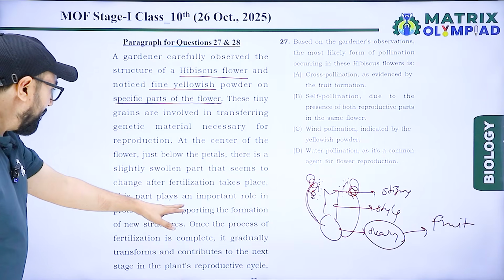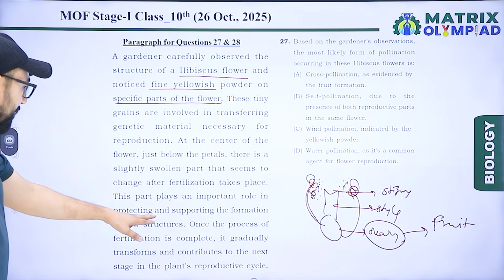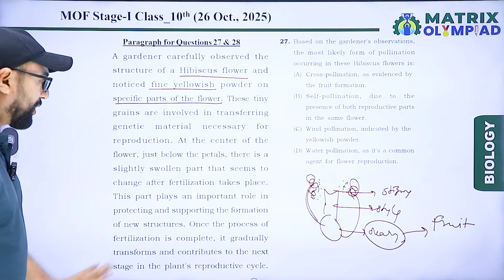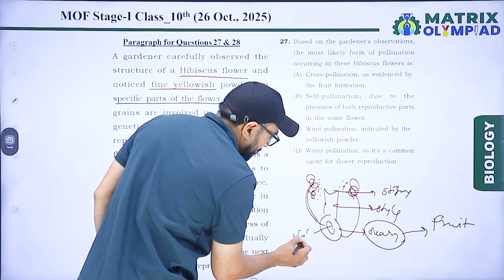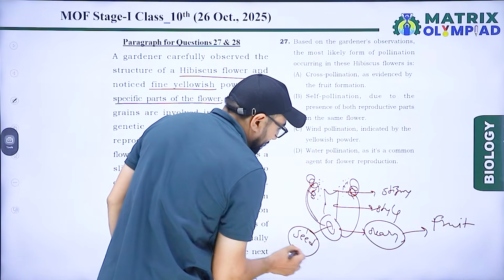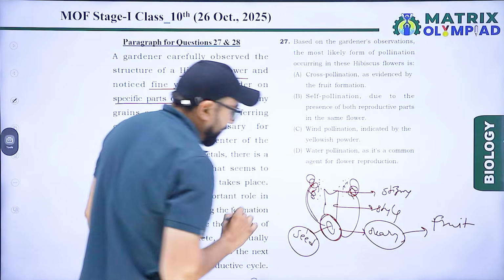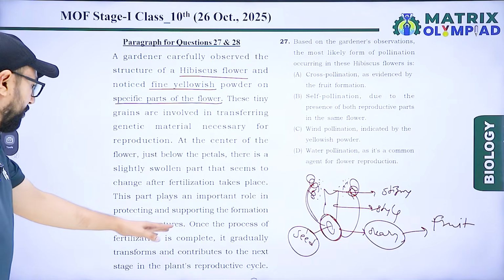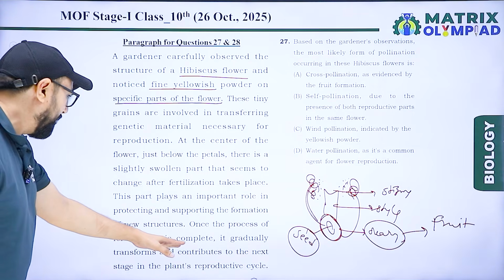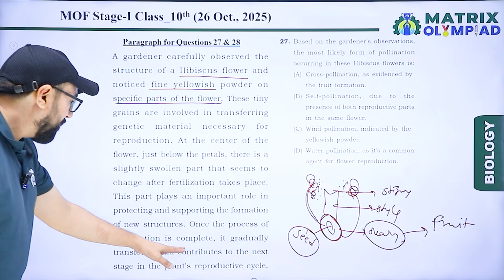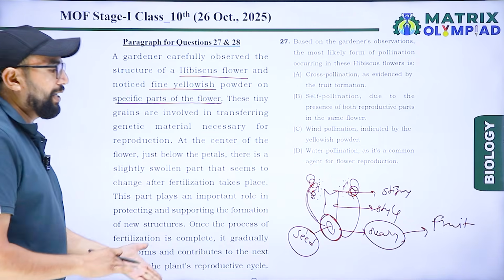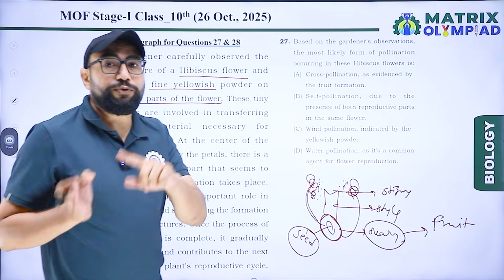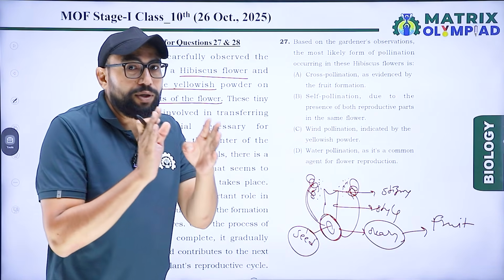This part plays an important role in supporting the formation of new structures. Inside the ovary, seed is formed, and the fruit is the protective covering for the seed. Once fertilization is complete, it gradually transforms, contributing to the next stage of the plant reproductive cycle. That is when the ovary converts into fruit and the ovule converts into seed.